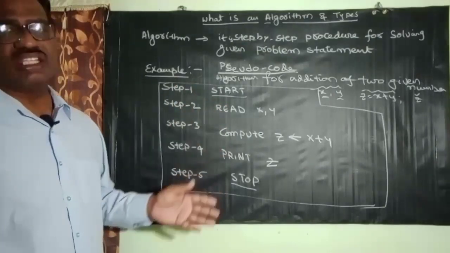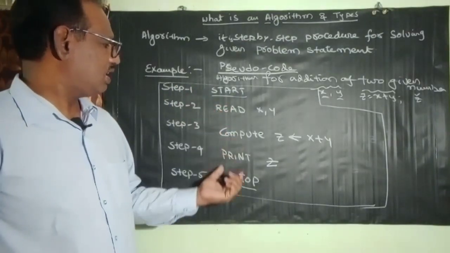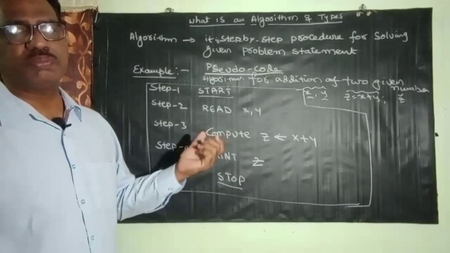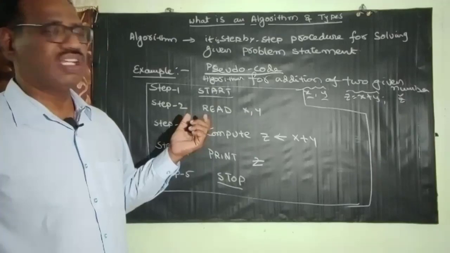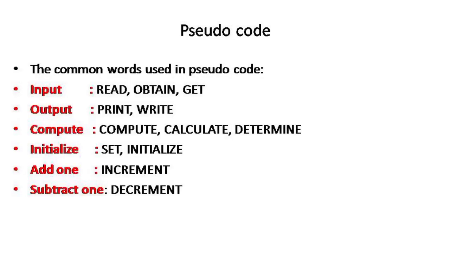Instead of writing in lengthy statements, I have given this in the pseudocode form. In the pseudocode form, we are going to use some simple words like read, write, those things. Similarly, there will be some other words. I will show you this list of words. For input operations, we can use read, obtain, get.